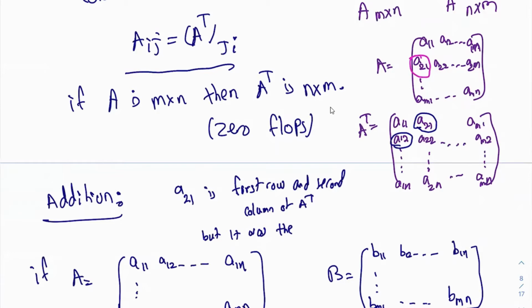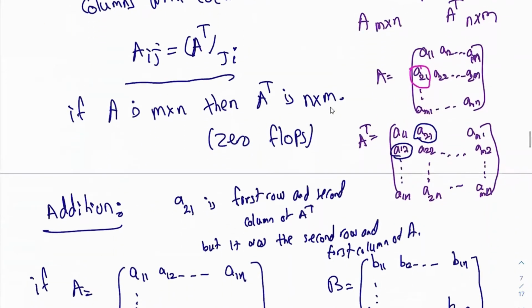So all it says is that the element in the first row and the second column of A transpose is the element in the second row and first column of A. That's what it says.